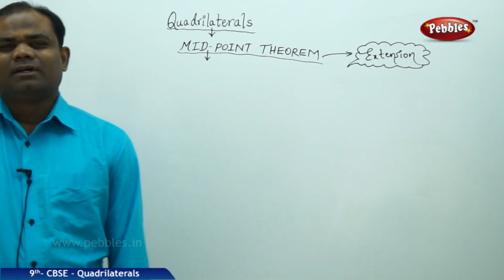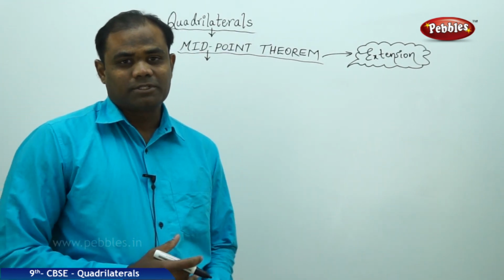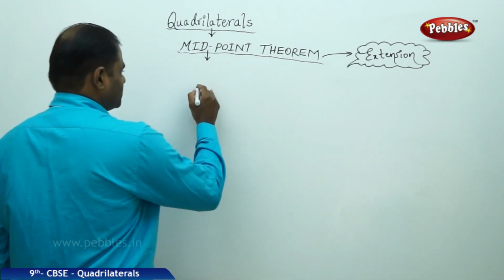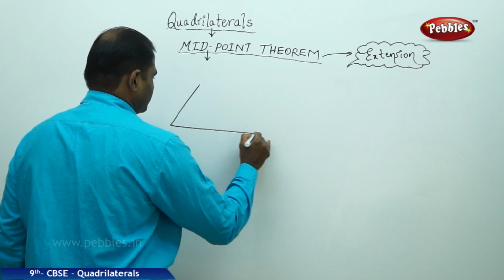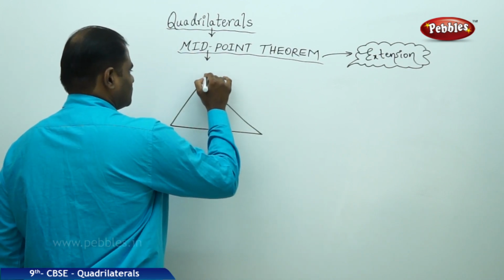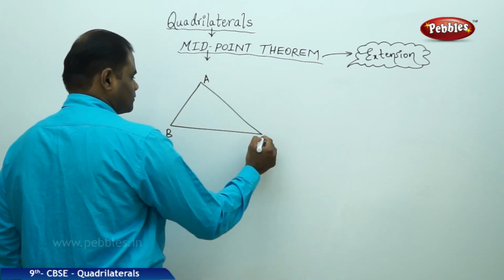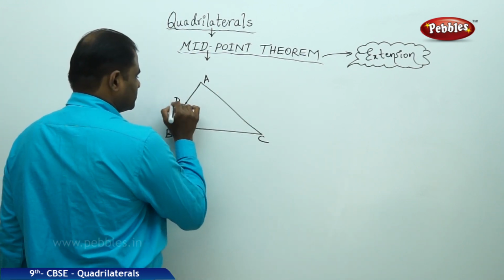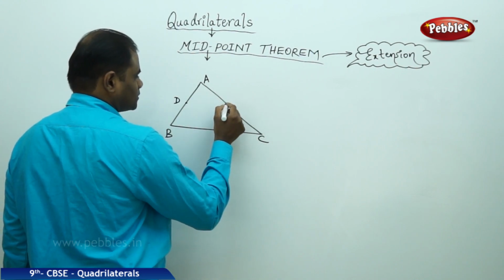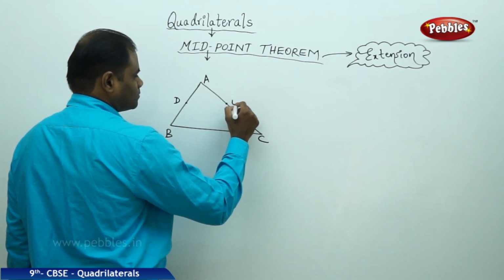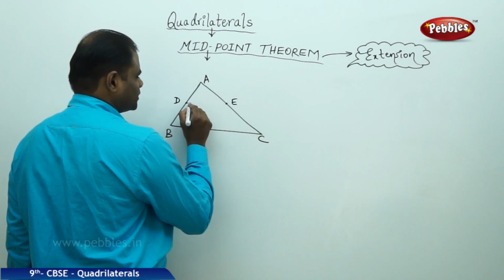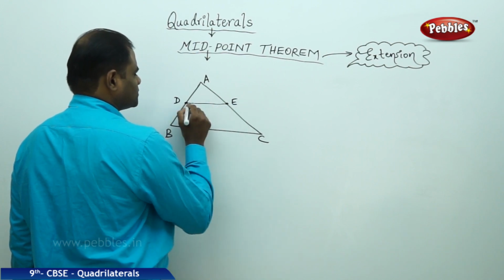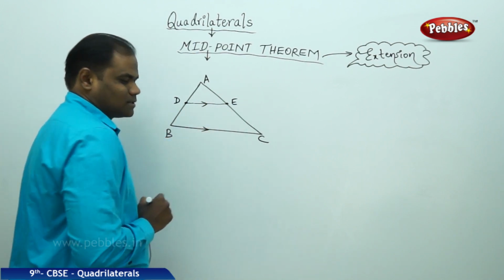Extension. So the extension of midpoint theorem says that, before that, let's recap with the midpoint theorem. Now the midpoint theorem says if I take a triangle ABC and I connect the midpoints, midpoint of AB being D and midpoint of AC being E, then the line which joins the two midpoints, we know that it is parallel to this.